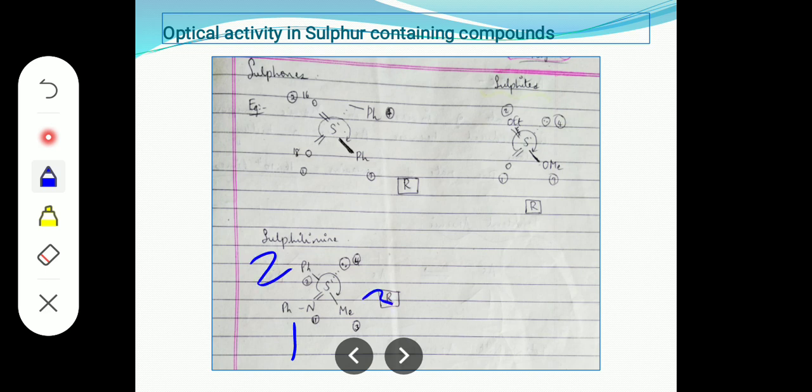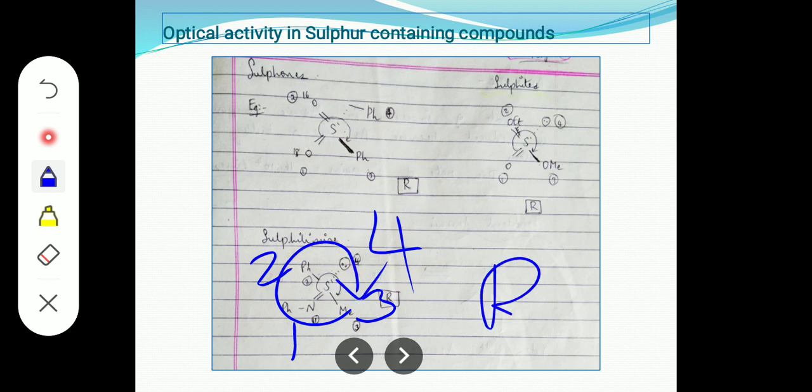Third is going to be methyl, and fourth is going to be the lone pair. And here again you can see the lone pair is on a dotted line, which says that it is dashed away from the viewer, and hence we are going to give it an R configuration, retaining the configuration. There's no reversal or anything because the least priority is already away from us, and hence we are going to assign it the R configuration.